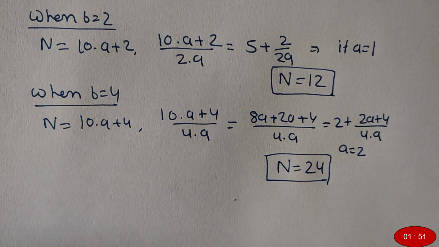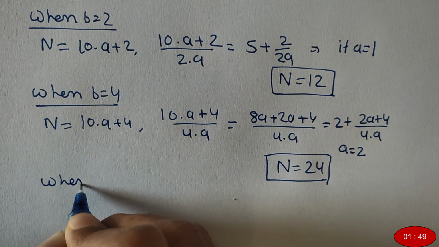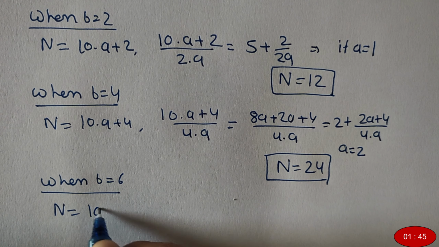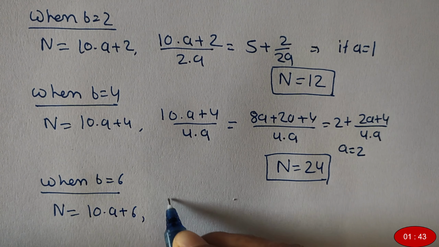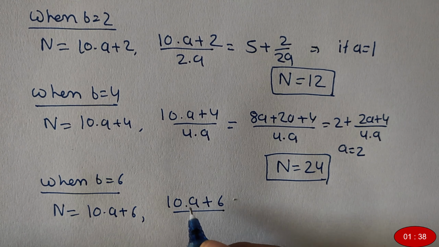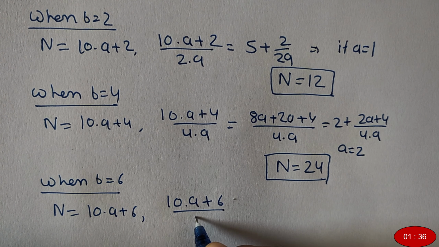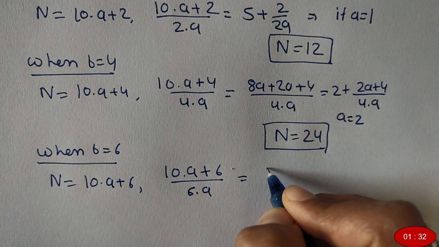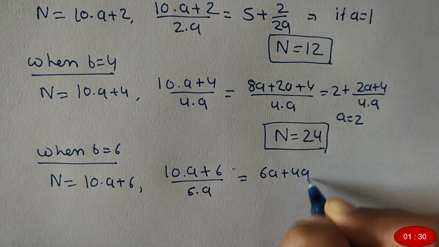Third case, when B equals 6, then n will become 10A plus 6. And this number must be divisible by the multiple of its digits, 6A. 10A can be written as 6A plus 4A. And what is left?